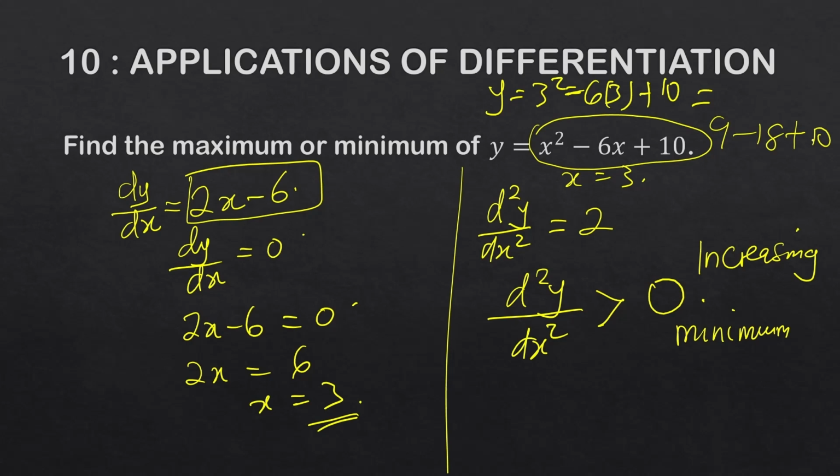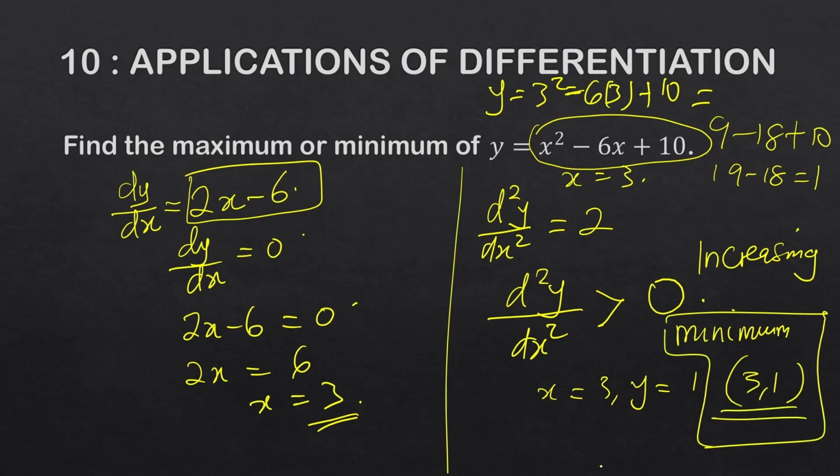So this is going to be 19 minus 18, which is 1. Therefore, x is 3, y is 1. So the coordinate is 3, 1. And it is minimum, not maximum. Remember, they say find whether it is maximum or minimum. So our answer is minimum, at the point 3, 1.